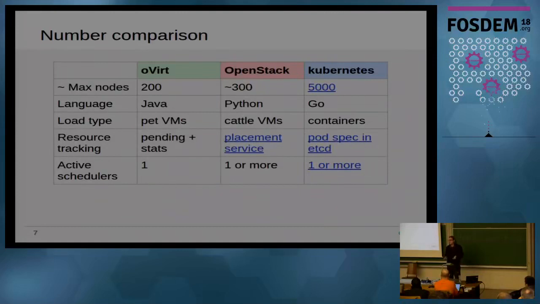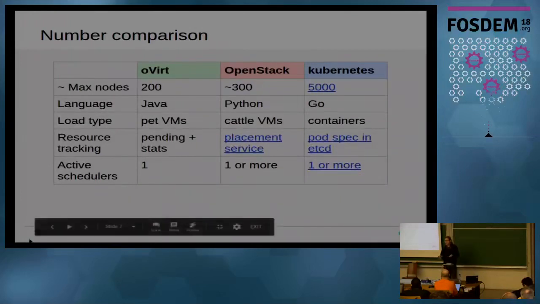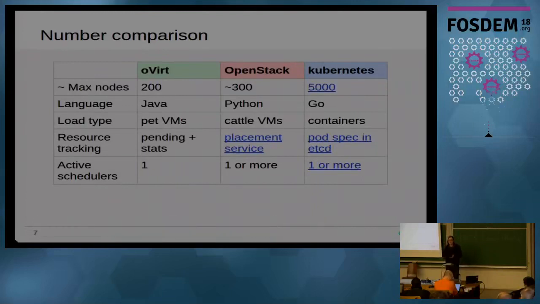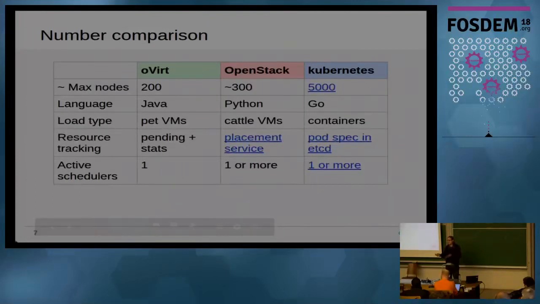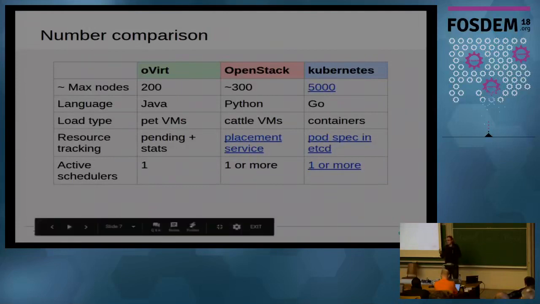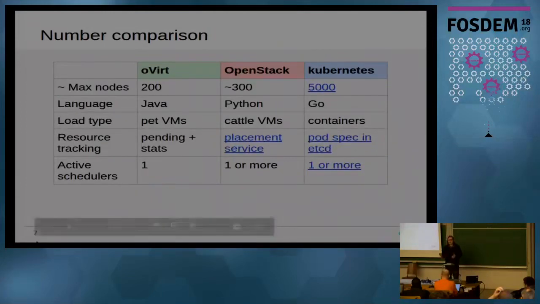Now, you see all three are written in completely different languages: Java, Python, Go. I would say that, yeah, they probably had to use something very different. And you see the load type is different. oVirt has static VMs, OpenStack has static VMs, and Kubernetes has containers. So you see, just when looking at numbers, there are lots of differences between those three schedulers.